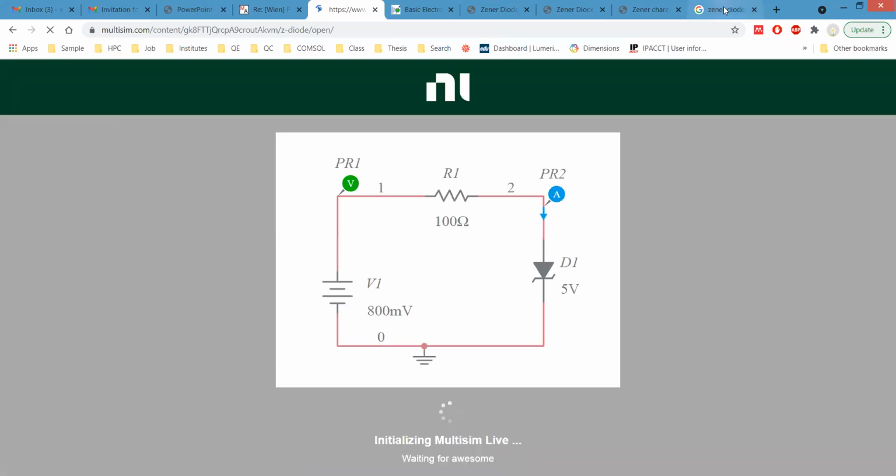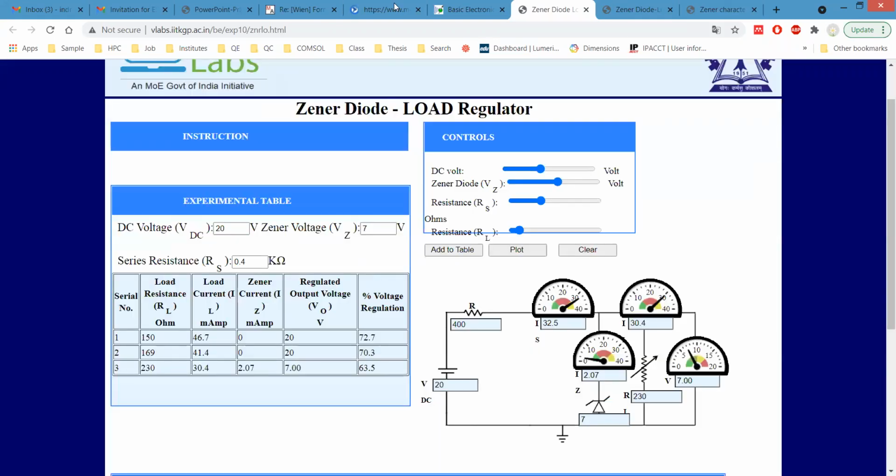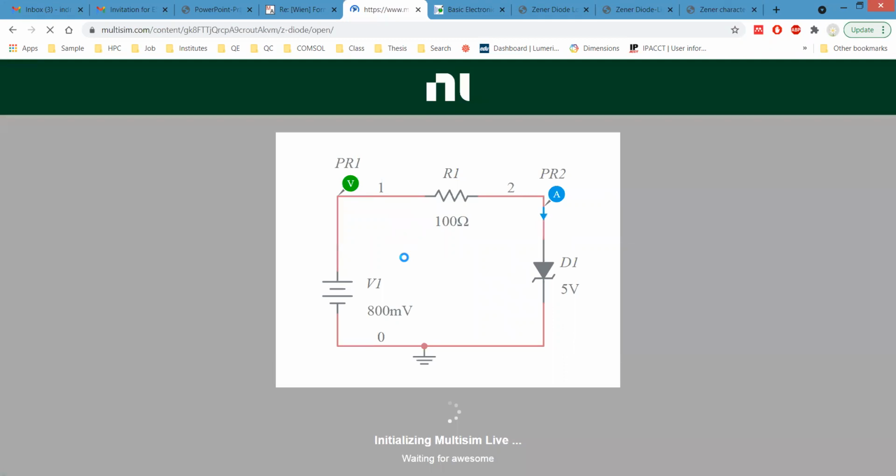Till 4 we have time, right? So if we can, we'll perform the load or line regulation. Only the line regulation one we'll do, and you people can explore the load regulation one. If you find any doubt, you can ask.